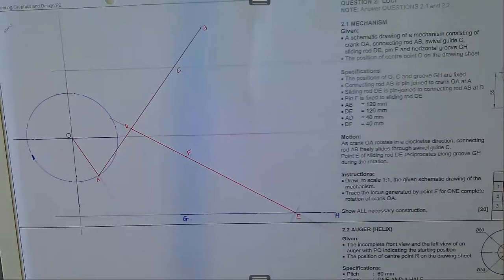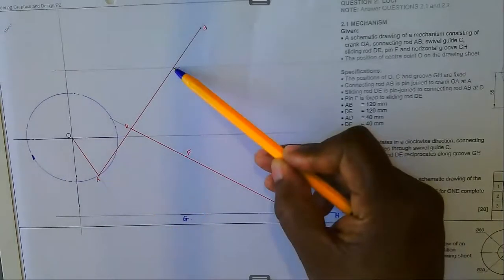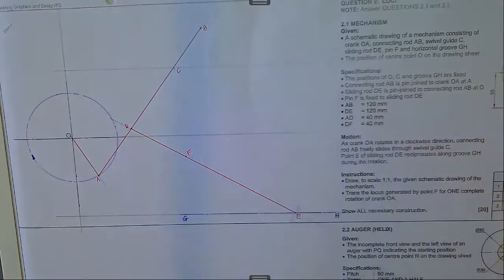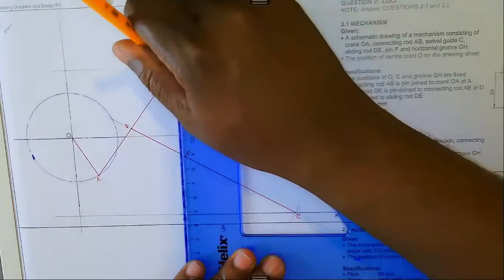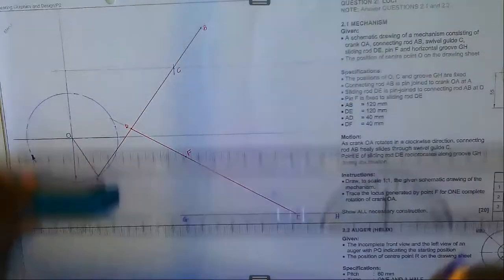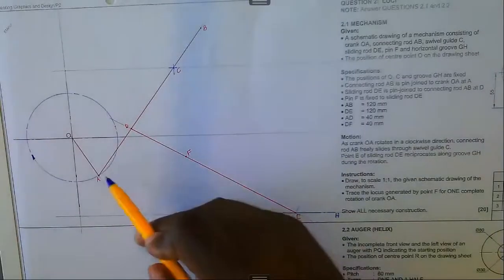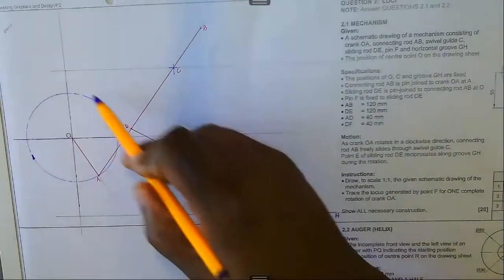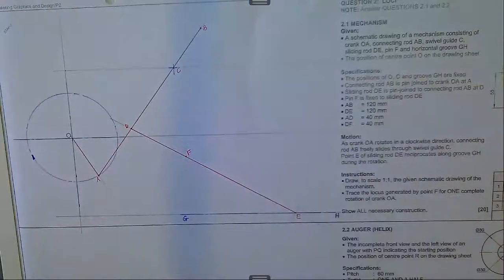Connecting rod AB freely slides through swivel guide C. Right, so AB passes through point C. You find that in some cases we may show this one like this, just a plus sign like that. Okay, right, so as this crank rotates, you find that this is supposed to move like that.